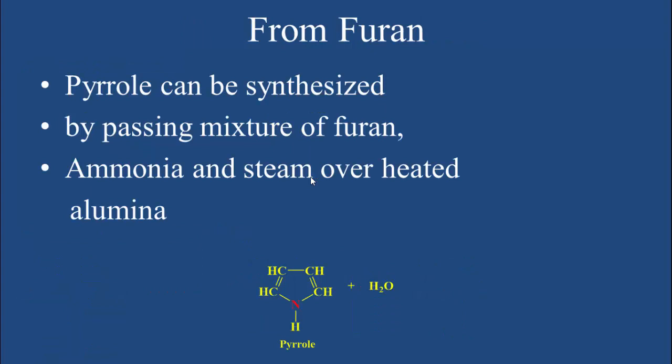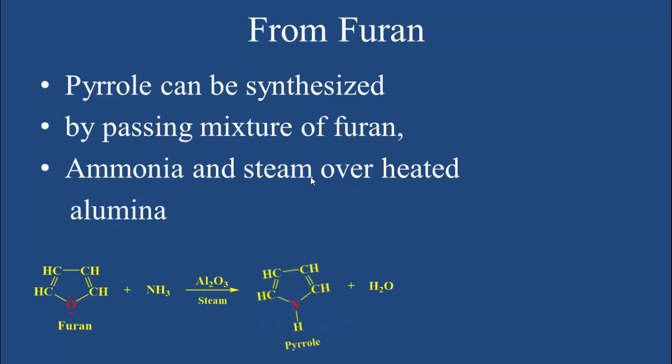Then the third method of synthesis of pyrrole is from furan. Pyrrole can be synthesized by passing a mixture of furan, ammonia and steam over heated alumina. Suppose this is the furan. Then furan, ammonia and steam, when passed over the heated alumina, give the formation of pyrrole along with the elimination of a water molecule.